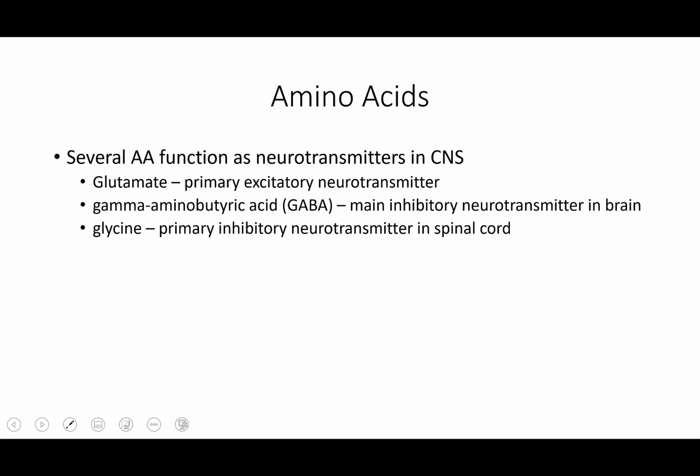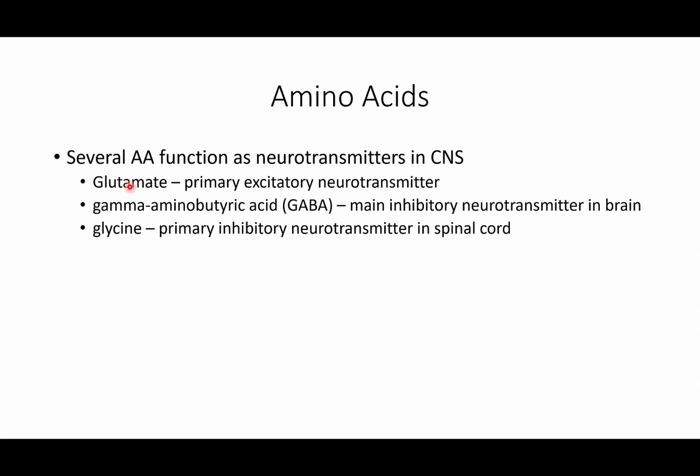But just to cover the other ones, we also have amino acids that can serve as neurotransmitters. There are several amino acids that function this way. Glutamate is the primary excitatory neurotransmitter released in the brain. The main inhibitory neurotransmitter in the brain is gamma aminobutyric acid, or we refer to it as GABA.